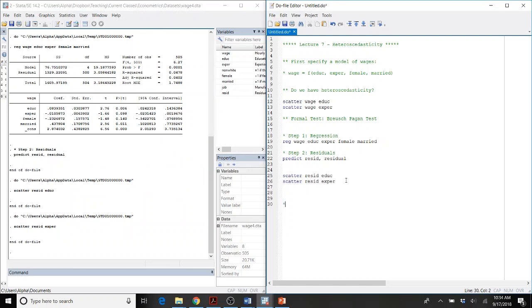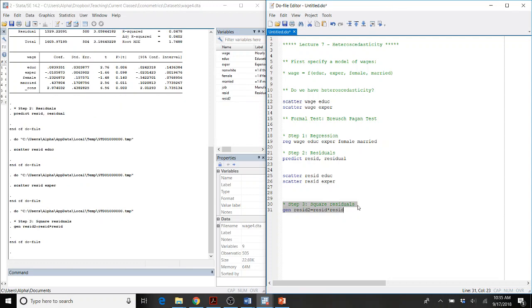Okay, now let's do step 3. We're going to square residuals. All right, so gen resid2 equals resid times resid. So we're going to generate squared residuals.